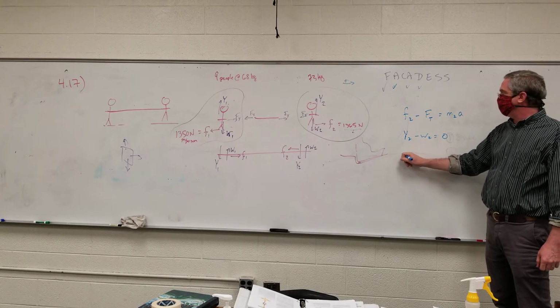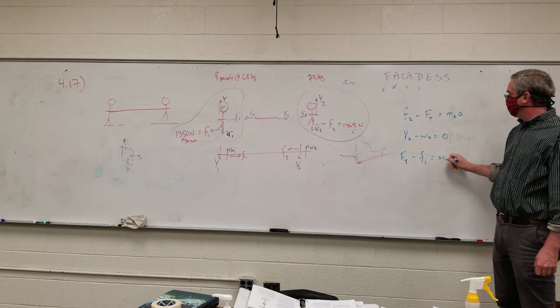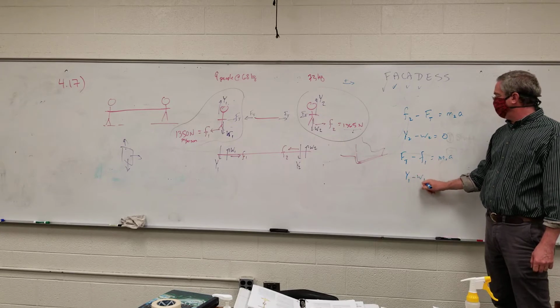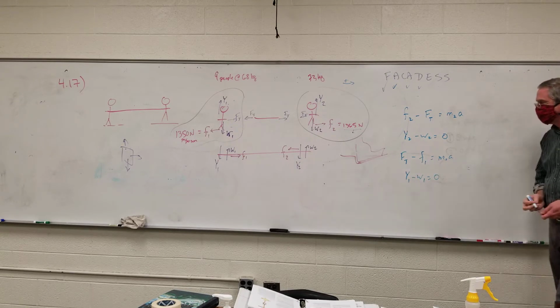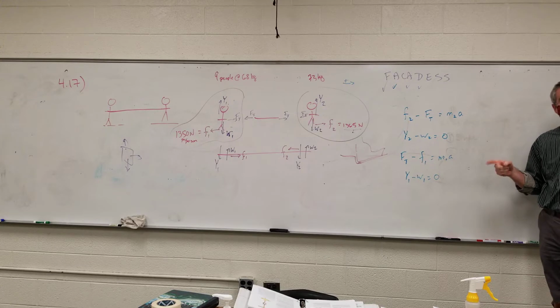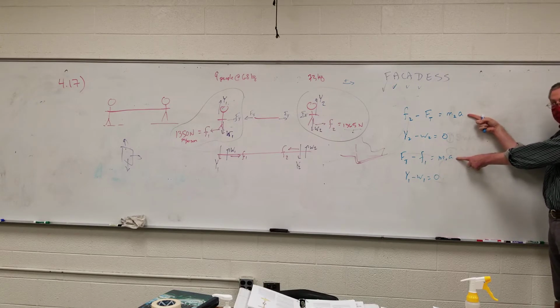For the other one, tension minus the friction is equal to mass 1 times acceleration. And then Y1 minus W1 is equal to 0. I am making the assumption that both groups have the same acceleration, that one group is not suddenly going to let go of the rope. If one group did let go of the rope, then my accelerations would be different, and I'd have a subscript there.